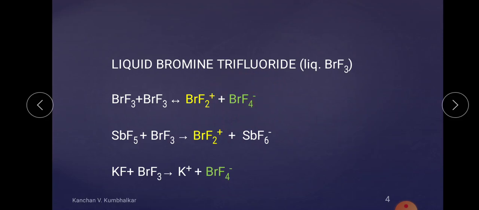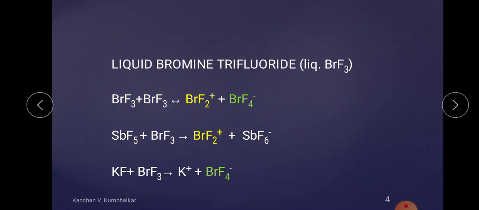The formation of BrF2 positive indicates that the compound mixed with liquid BrF3 that generates BrF2 positive acts as an acid, and the species which generates BrF4 negative acts as a base. This is the solvent.